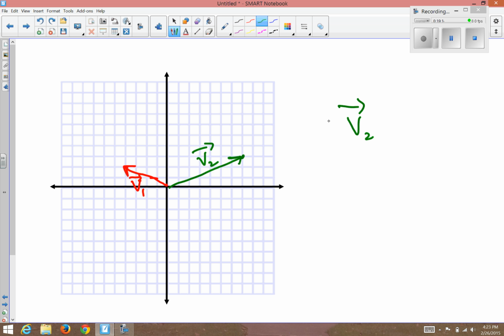The opposite of it means reflect this in the origin. So instead of over 7 and up 3, I'm going to go over 7 this way and down 3. So by reflecting this green vector in the origin, that's the vector called negative V2.